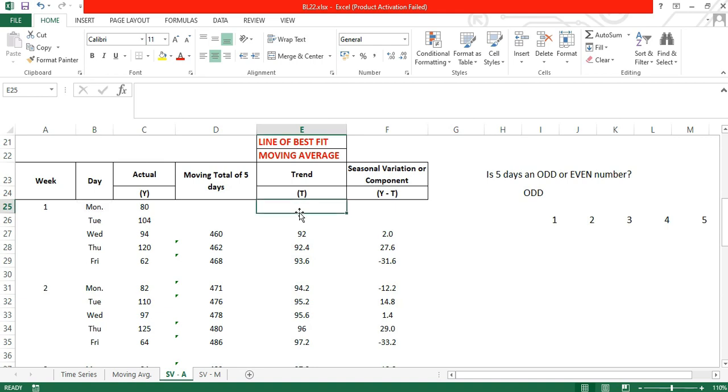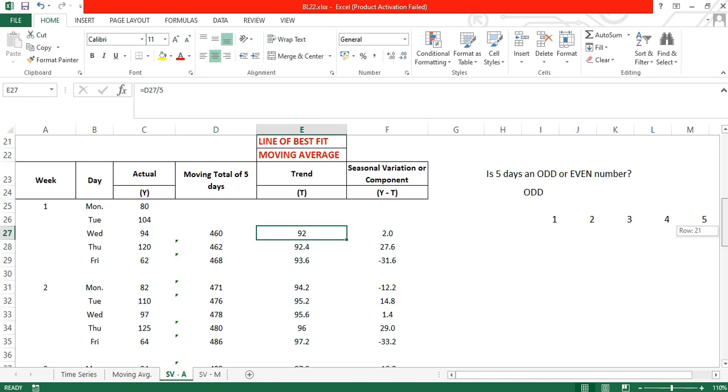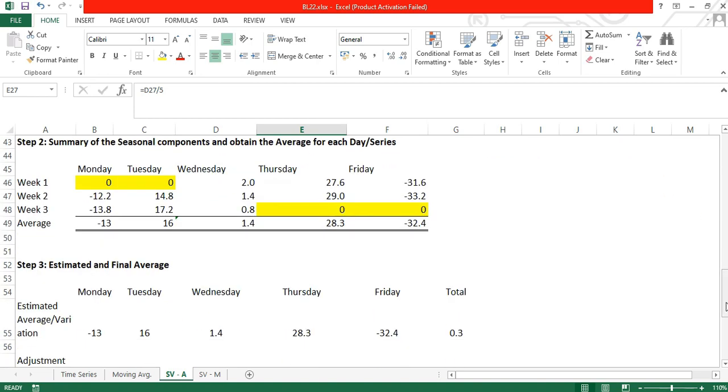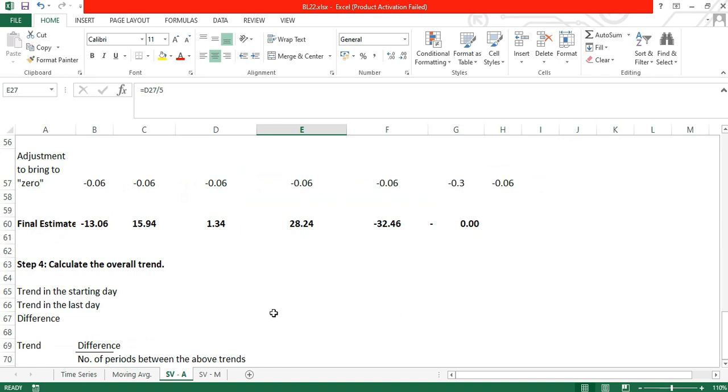We must ignore zeros and go for the first day that has a value. In this case, it is Wednesday that has 92 as the trend, as the first day's trend.